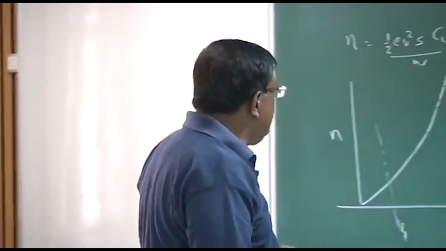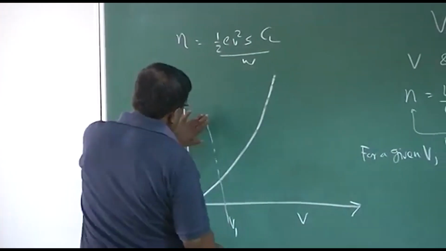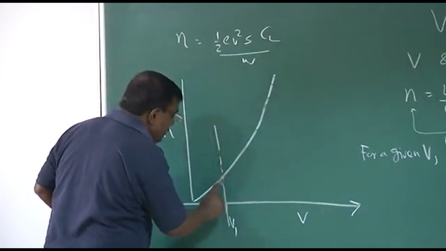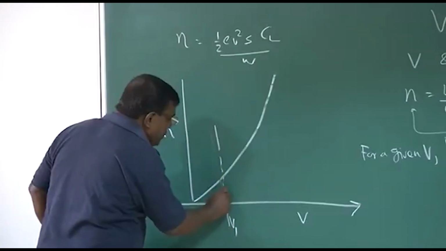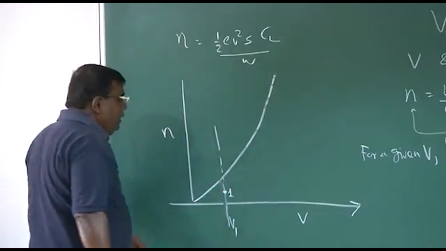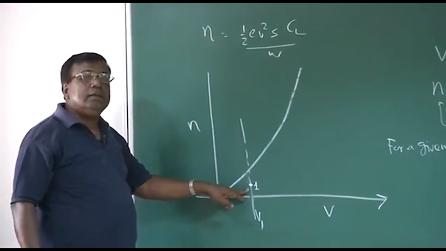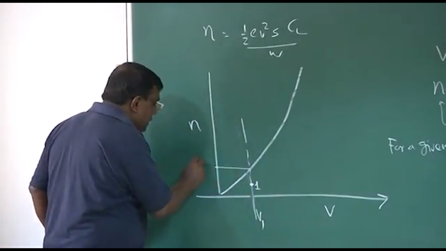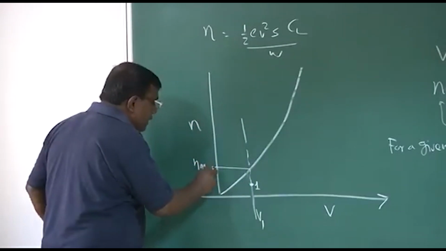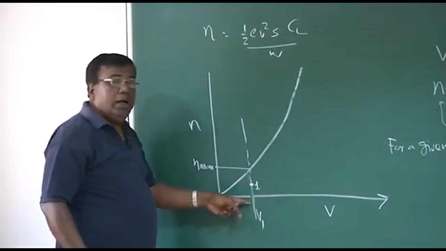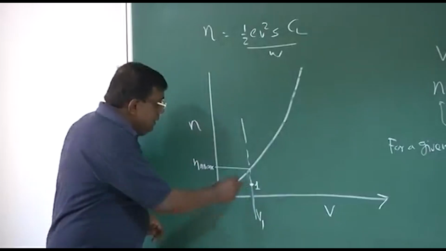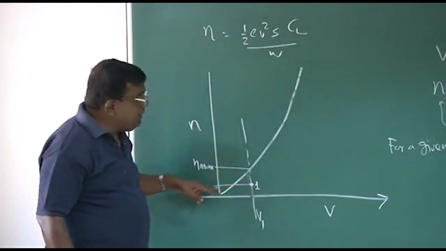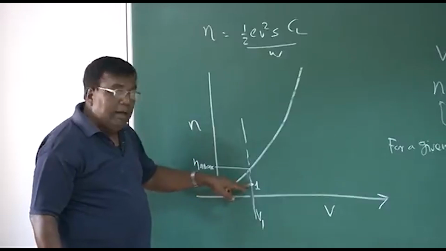So if this is V1, and I am trying to fly at this point 1, do you think this point is N max? No, because N max is somewhere here. This is the maximum load factor at speed V1. But at point 1, what is the meaning of that? That the load factor will not be N max.